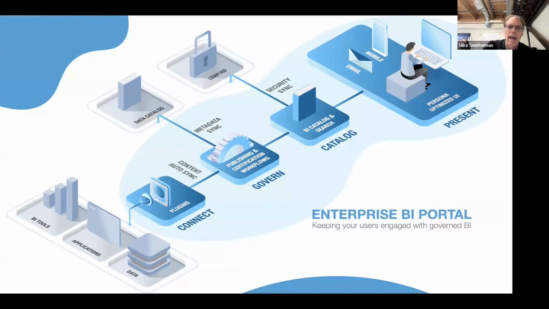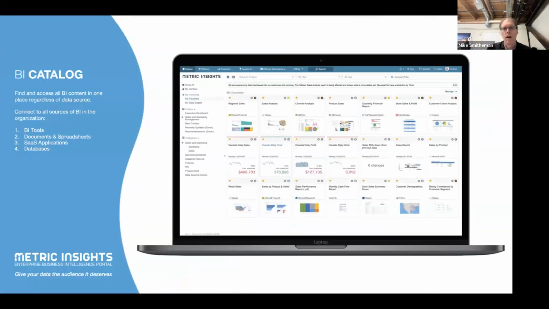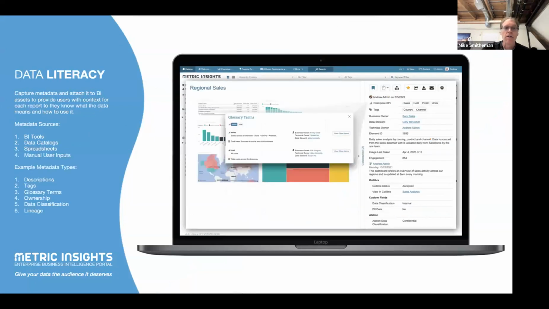So again, that manifests itself in a centralized catalog for your BI, which is very curated and contains the necessary metadata for a user to understand the content in there. What are the metrics, how are they defined for a particular report, who owns that content if I have questions, how is it categorized, does it contain sensitive information, when was it last updated?